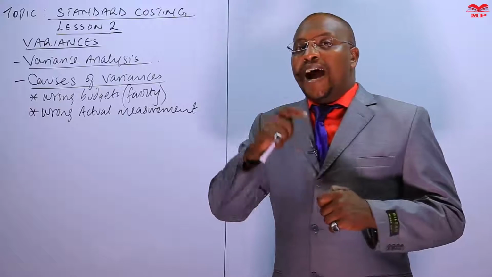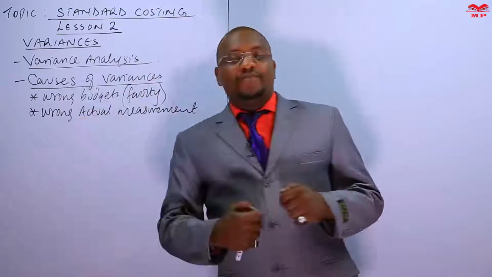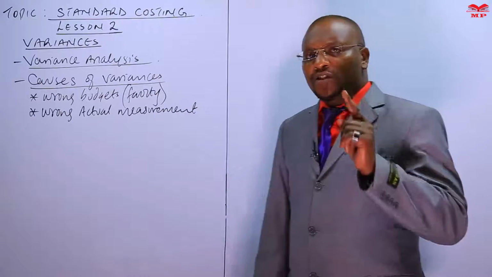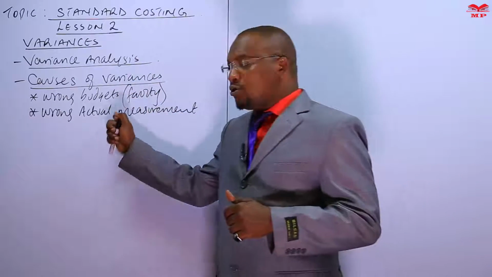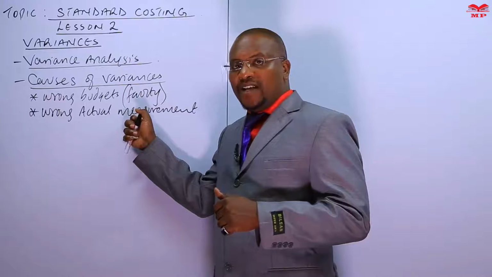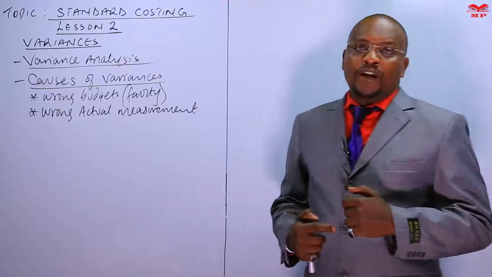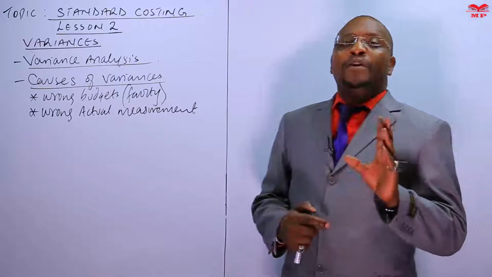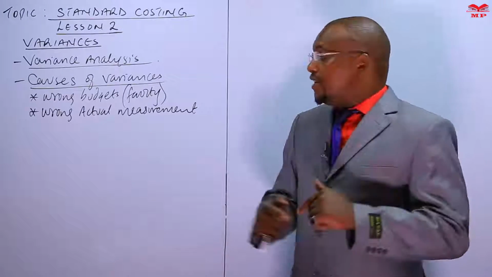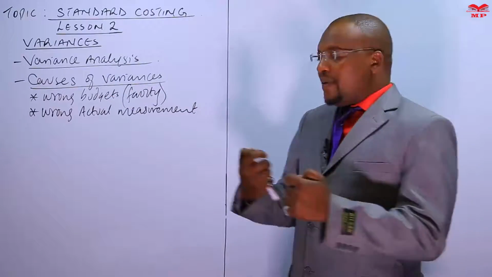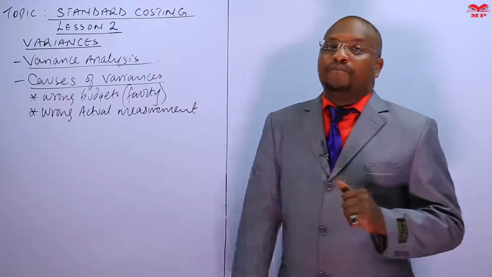And when you compare with a correct budget, then you have a wrong variance. But the reason is not the budget, it is the actual measurement. It is wrong because you have done some misclassification. So not to leave alone the budget, even the actual itself may be faulty.